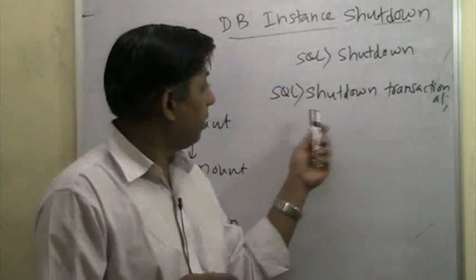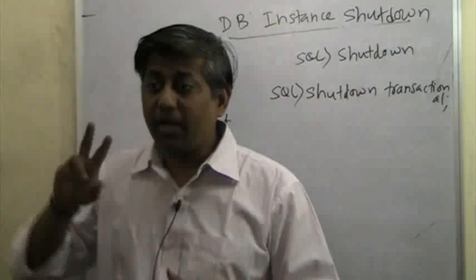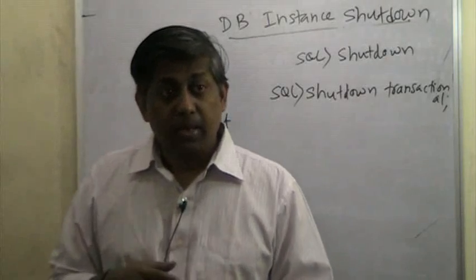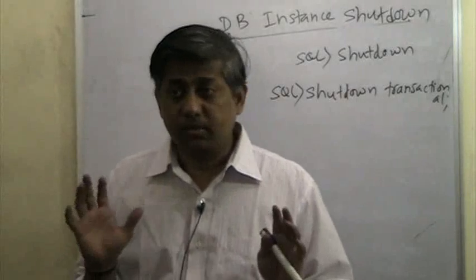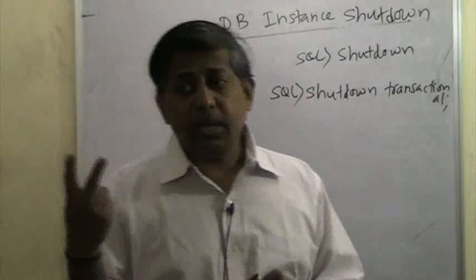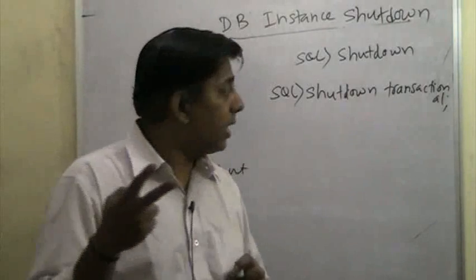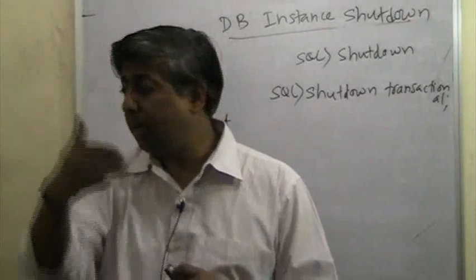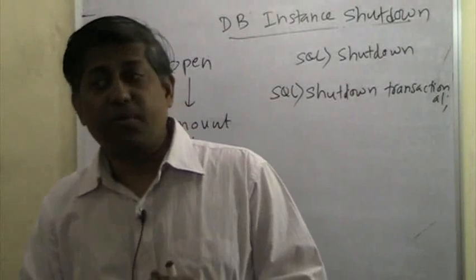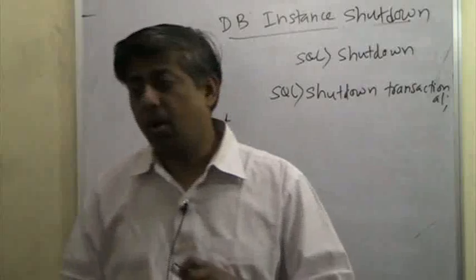So what will this command do? The shutdown transactional command will wait for those 2 users. It will pretty much kick out the remaining 8. Those 8 users will not be able to do anything. From that point onward, their connections will be disconnected. And these remaining 2 users, because they are in the middle of their transactions, they have updated 2 rows, but they have not done a commit yet. Oracle will wait for them until they type the commit or the rollback command.